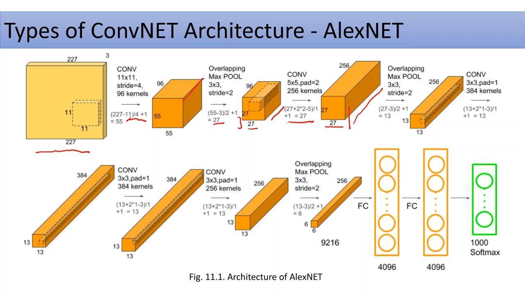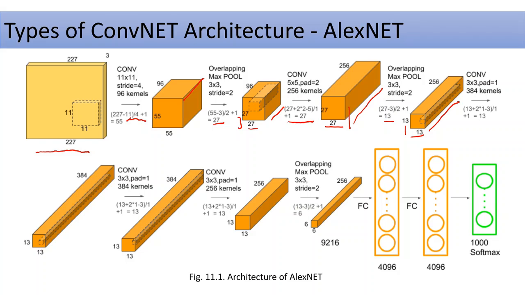We will then do the max pooling again. This time we will take the same filter which we had previously used, which was of size 3 by 3 and stride equal to 2. By applying the formula, we get the size to be 13, so we get a 13 by 13. Again, the depth does not change when we do pooling, so this becomes a 256 depth. After that, we will decrease the filter size for the convolution again. So here now we will use a 3 by 3 filter.